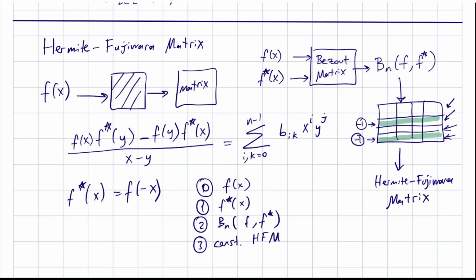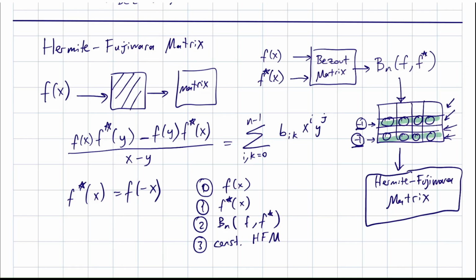You just highlight those and multiply the entries located on those highlighted rows, so you have 8 entries here, and multiply each one of them by -1. Then what you get is the Hermite Fujiwara matrix.